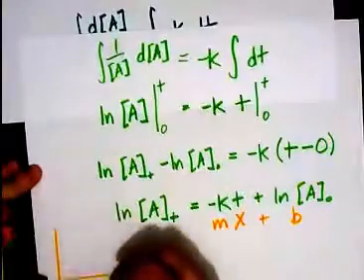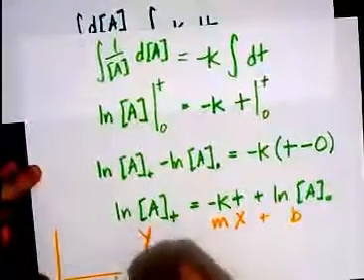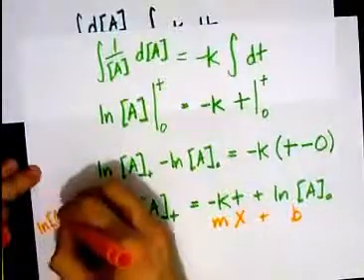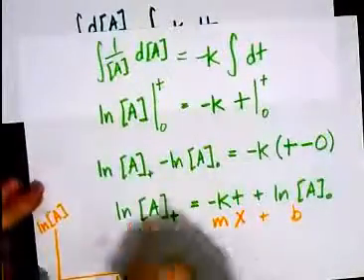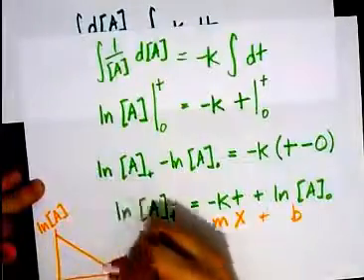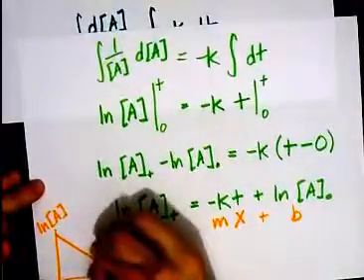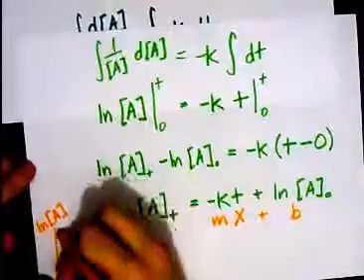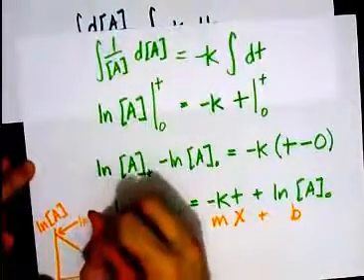Let me emphasize what I mean. I put time on my x, and I graph ln of concentration on my y. I'm going to get a straight line. The slope is going to be negative k, and the y-intercept will be at the ln of A naught.